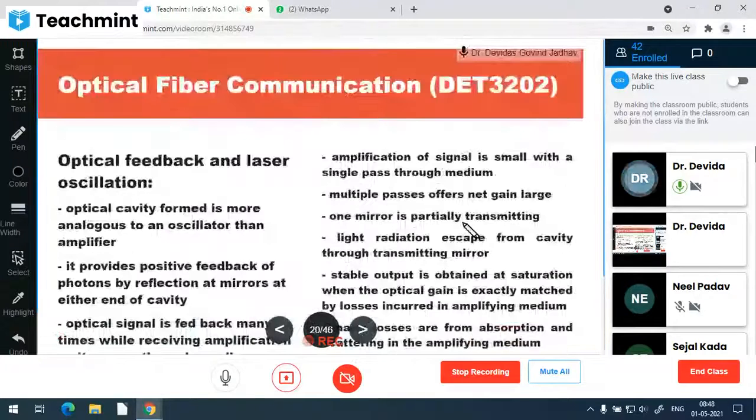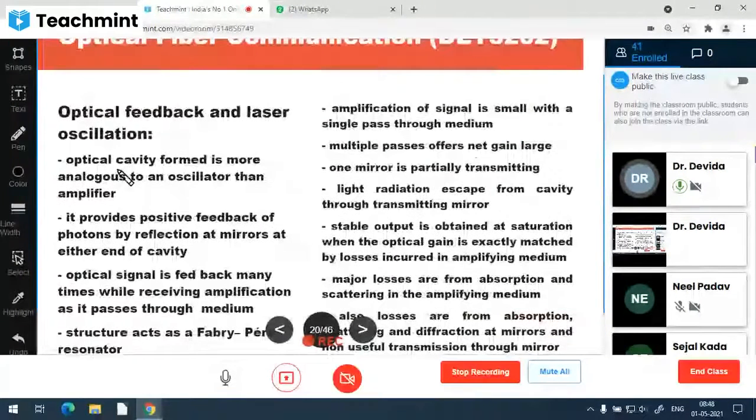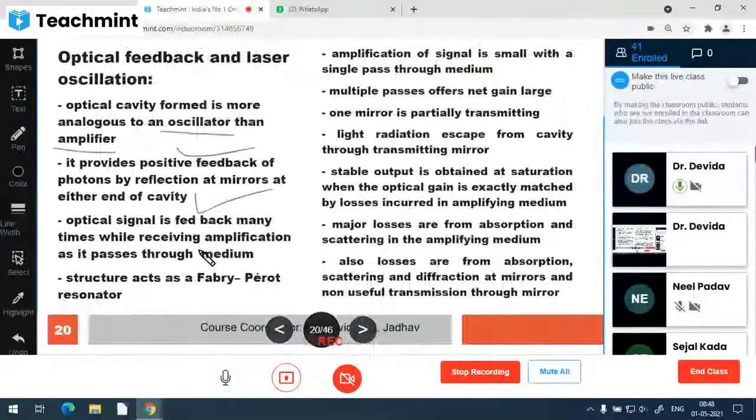This is the Fabry-Perot cavity. The optical cavity formed is more analogous to an oscillator than an amplifier. There is oscillation of the charged particle, so it is more analogous to an oscillator. It provides positive feedback of the photon by reflection from the mirrors on either side of the cavity. So the optical signal is fed back many times while receiving amplification as it passes through the medium.